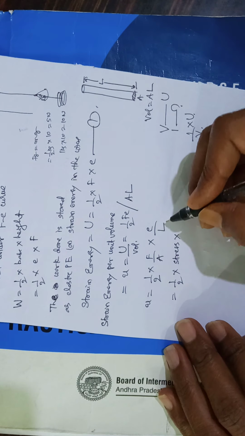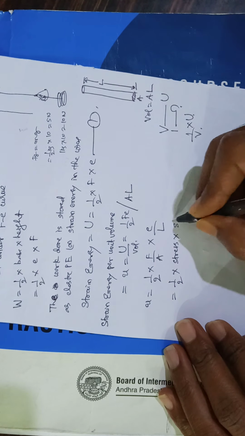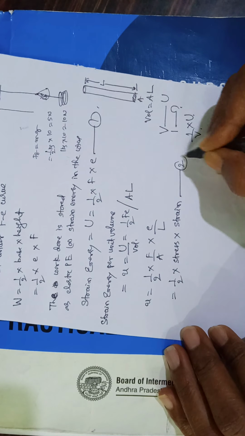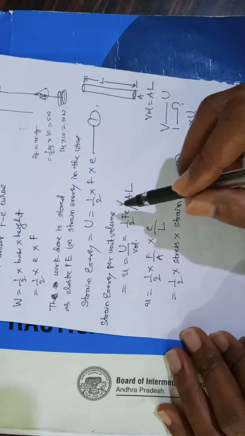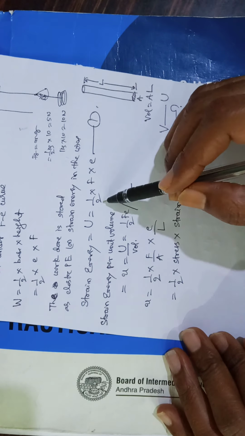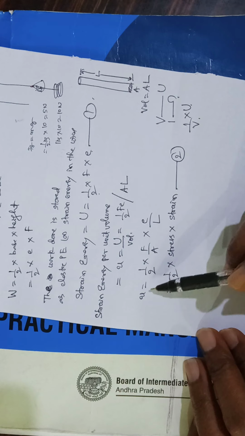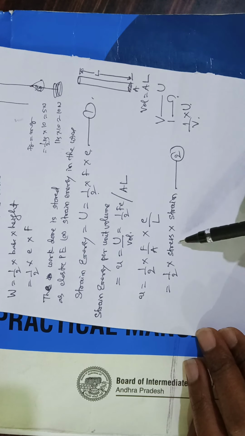Increase in length by original length becomes strain. So this is the second equation. Strain energy is equal to half into force into elongation. Strain energy per unit volume is equal to half into stress into strain.